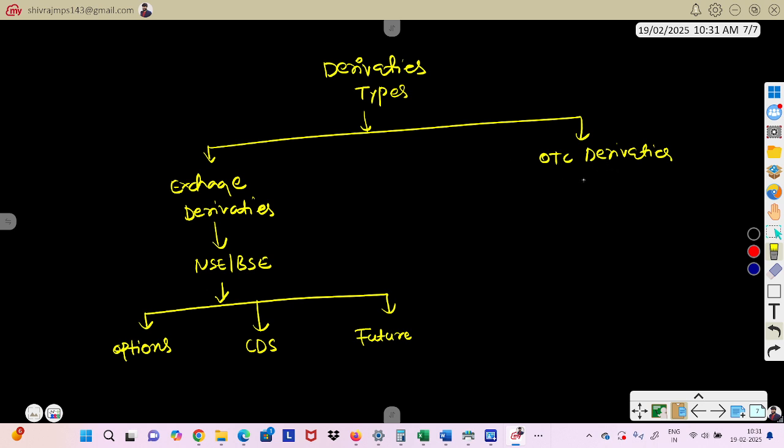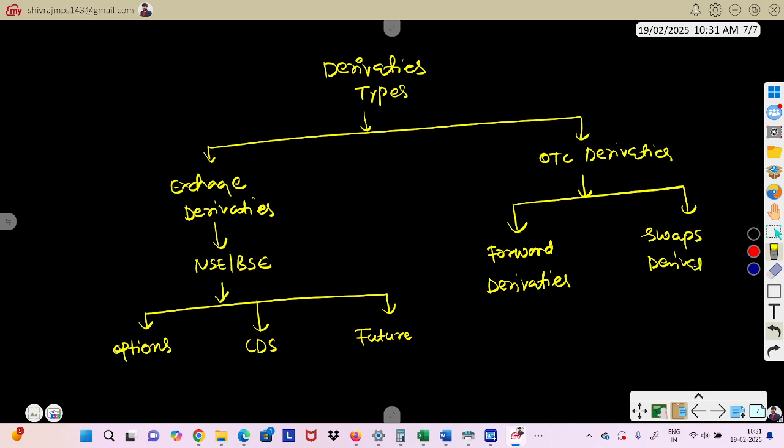In the OTC market, we have forward derivatives and another one is swaps derivatives. So these are basically the types which come under derivatives.